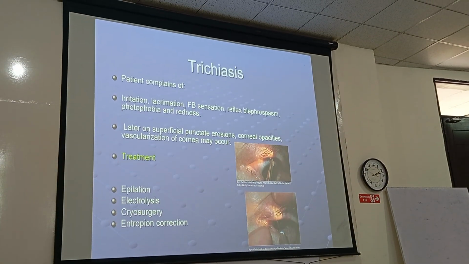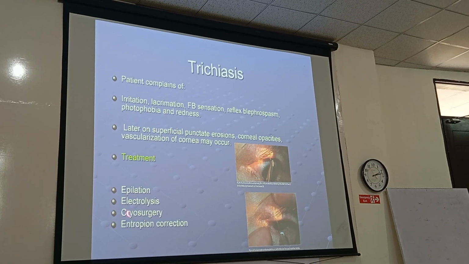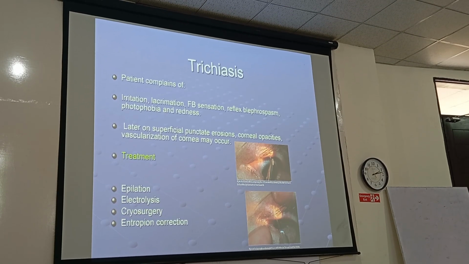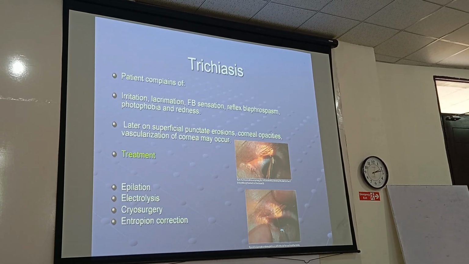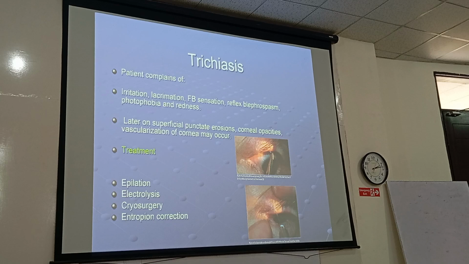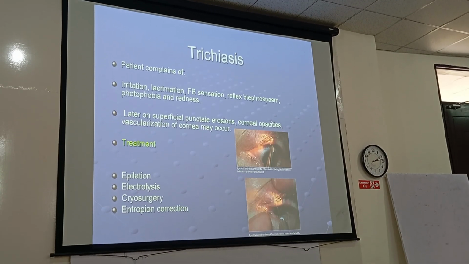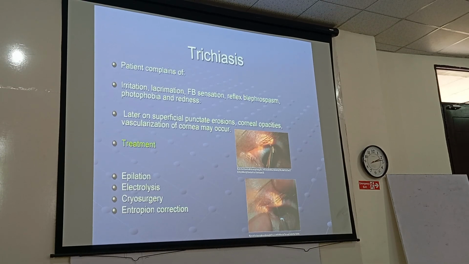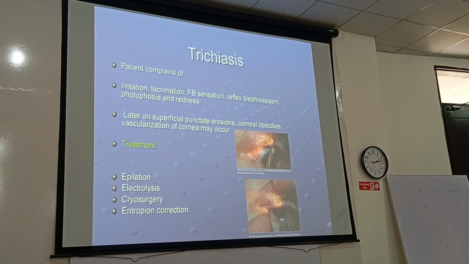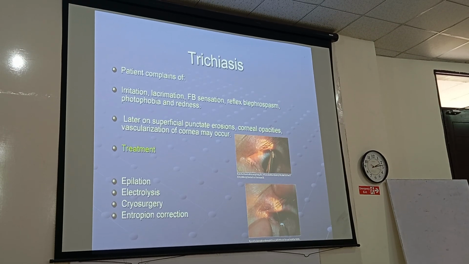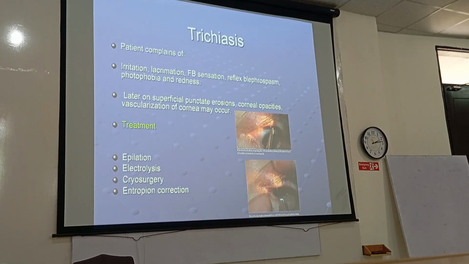So, what is the treatment? Treatment number one is epilation, that is, remove the eyelash. See the picture, in this there was a bunch of eyelashes that had come inwards. Many times only one or two lashes are misdirected, especially at a young age. In old age there may be more. So depending on the severity, epilation, that is removal of the affected eyelash on the slit lamp with the help of forceps.